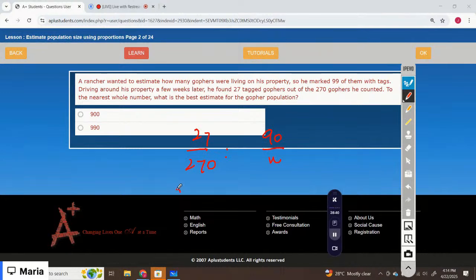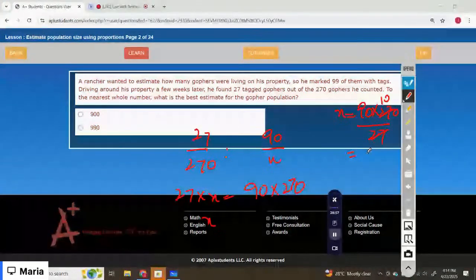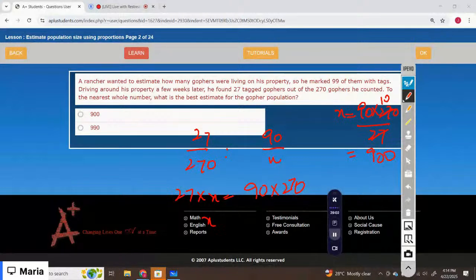So 27 times x equals 90 times 270. So x equals 90 times 270 over 27, and 90 times 10 is 900. So option number 1 is the correct option, that is 900.